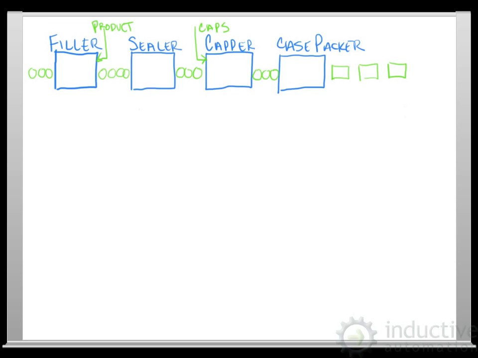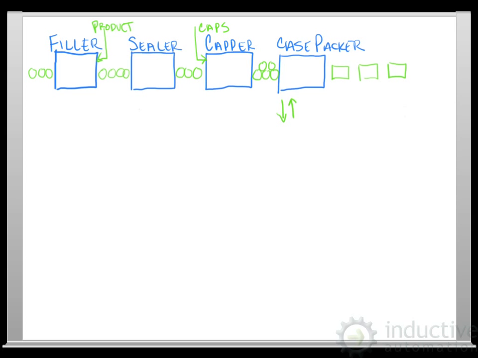Now, you could have accumulation in between these. So what that means is the sealer could go down and the filler continue to run until that accumulation area fills up, and then it would have to stop. But let's take the case of the case packer here. It goes down and it's accumulating more product in between here, and so the capper can continue to run.